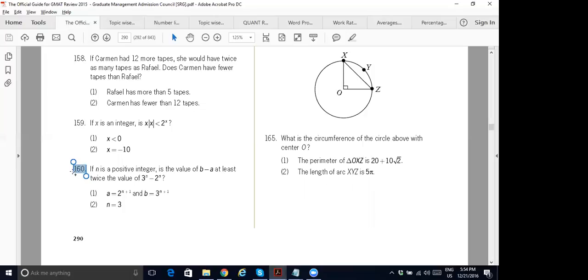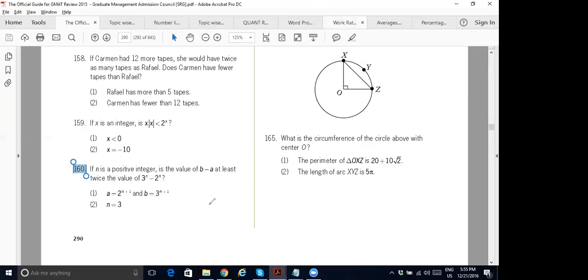Statement 1 is correct. a is equal to 2 to the power of n plus 1 and b is equal to 3 to the power of n plus 1. So the question as per statement 1 is: is the value of 3 to the power of n plus 1 minus 2 to the power of n plus 1 at least equal to twice of 3^n minus 2^n?